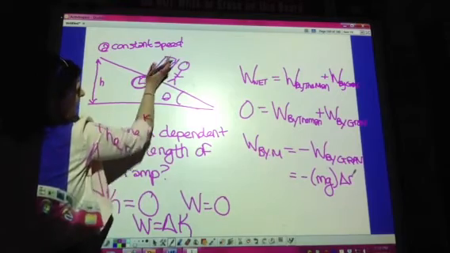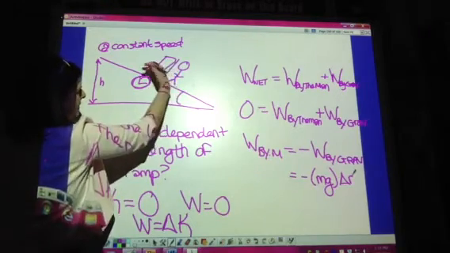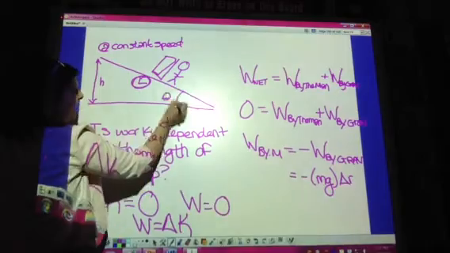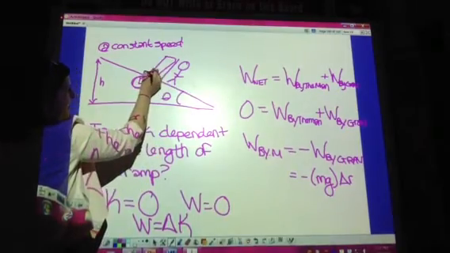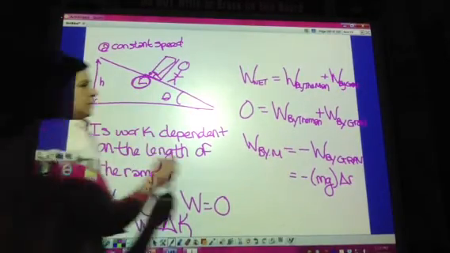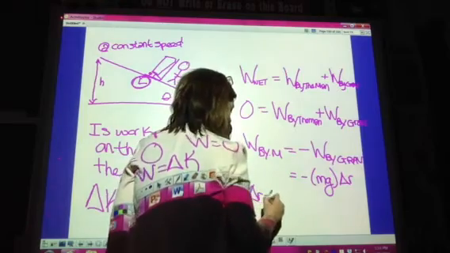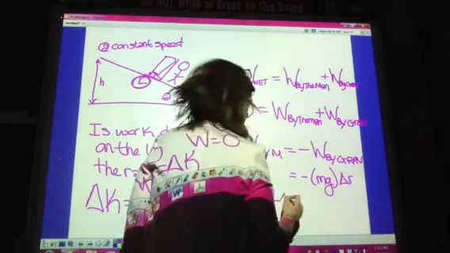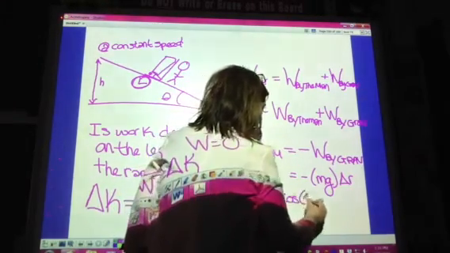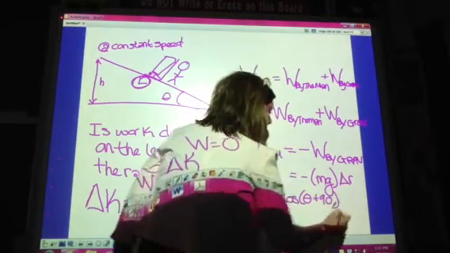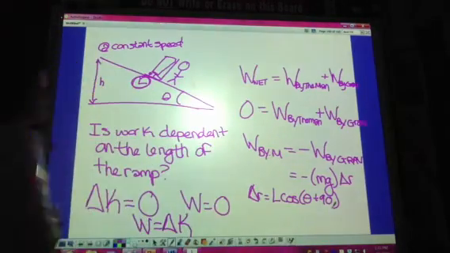So if I'm adding that theta, my delta r would be L cosine of theta plus 90.